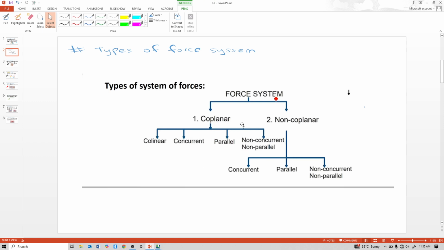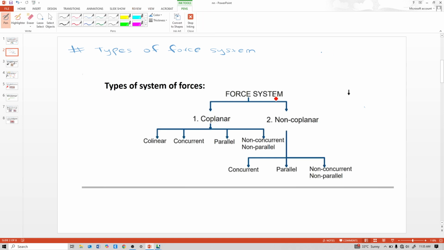Then the other is coplanar non-concurrent force system. Coplanar non-parallel force system. Non-coplanar concurrent force system. Non-coplanar parallel force system. So how do we describe a non-coplanar parallel force system?